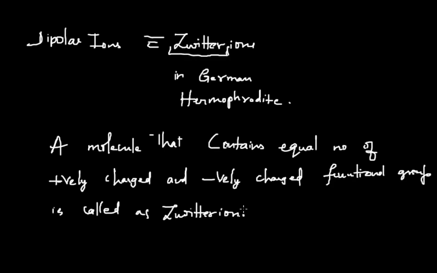If in solid form they are present as Zwitter ions, in aqueous solution an equilibrium exists between the dipolar ion and the anionic and cationic forms of an amino acid.